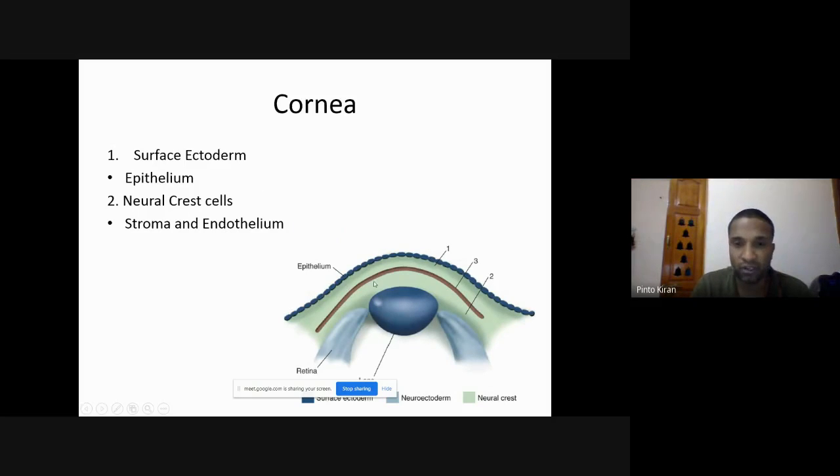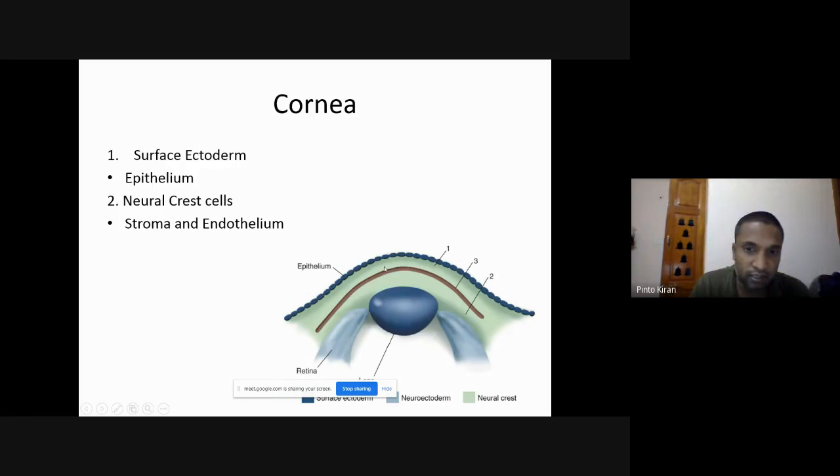Here the important point is, this dark blue color is nothing but the epithelium. This light blue color is the anterior segment, what we call the anterior chamber, which consists of the angle and also the iris.